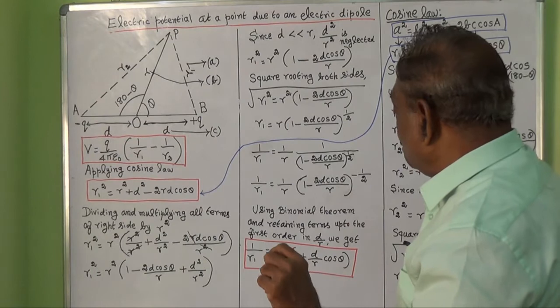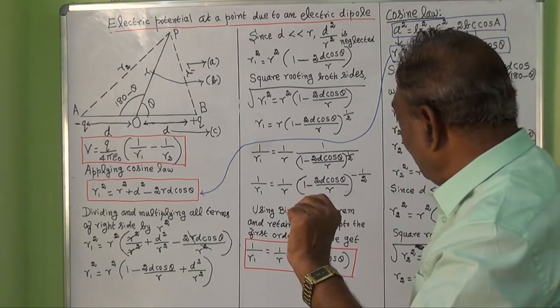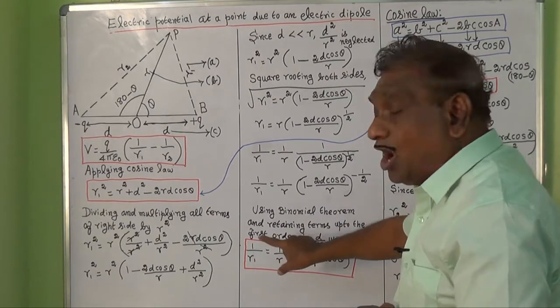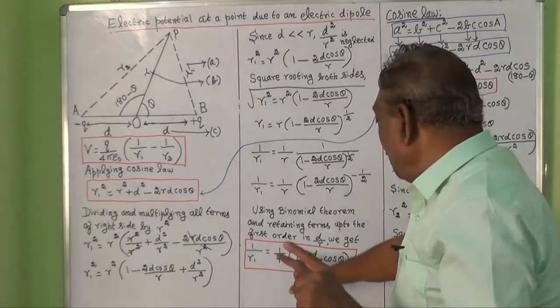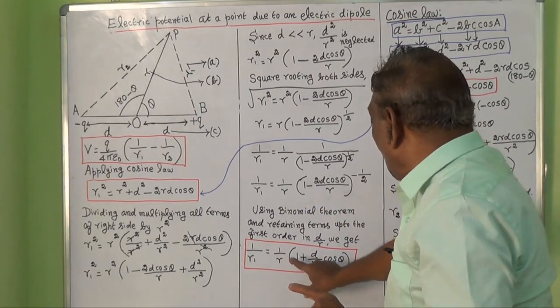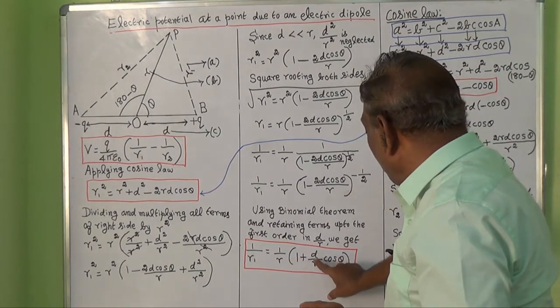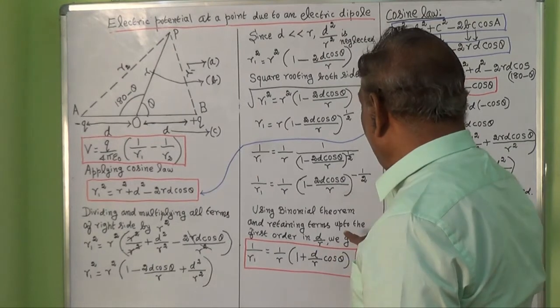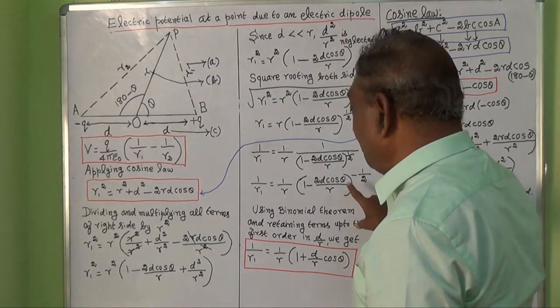Then using the binomial theorem, we get 1 by R1 as 1 by r into 1 plus d by r cos theta. In this case, we will neglect the higher powers.